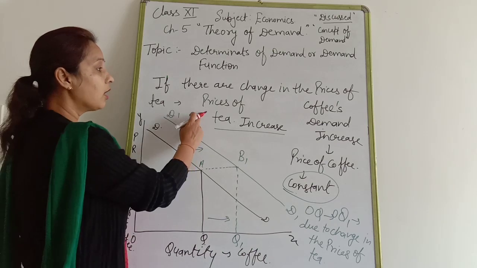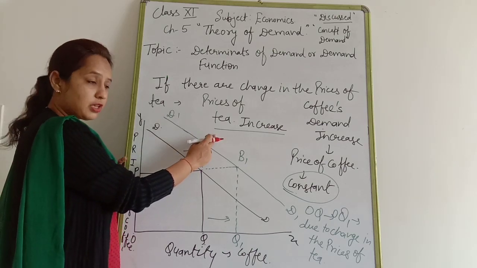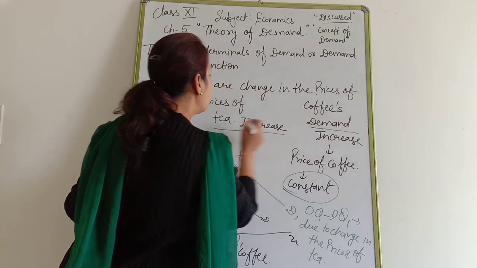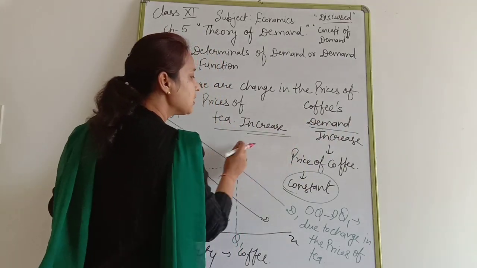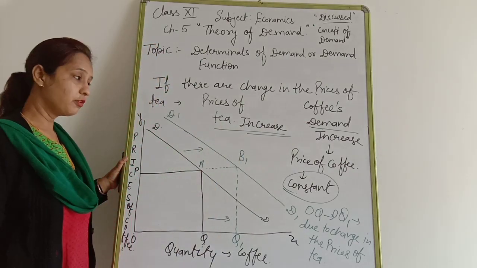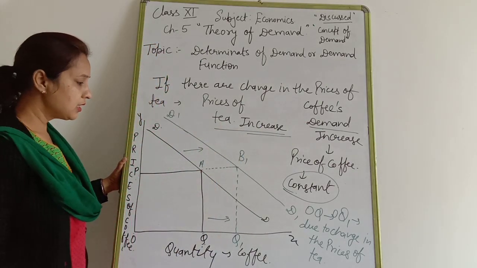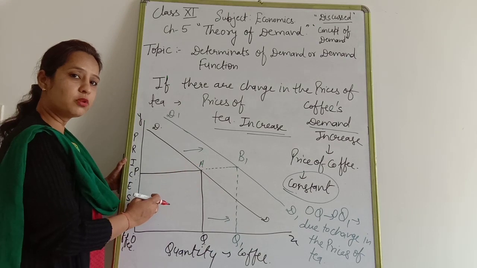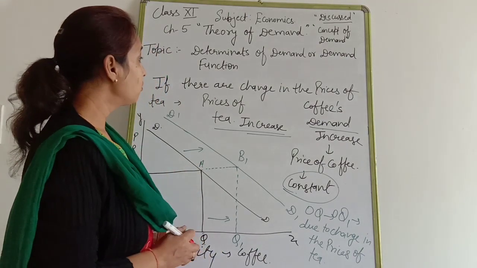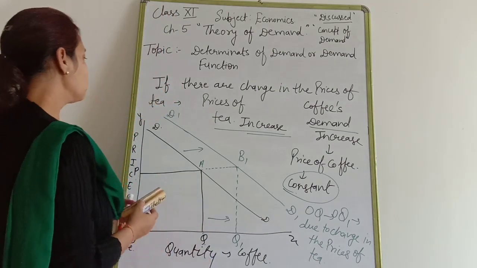If there is a decrease in the prices of tea, then what will be the effect on coffee's demand? Definitely it will decrease and the DD demand curve shifts into the leftward direction. Clear? Now we are going to discuss complementary goods.